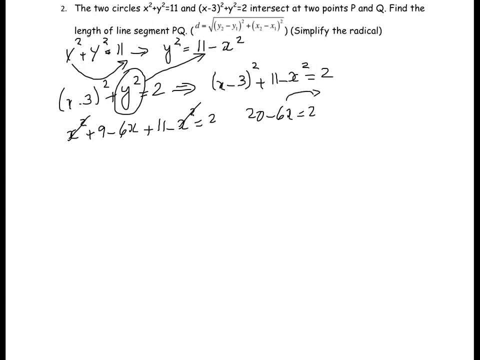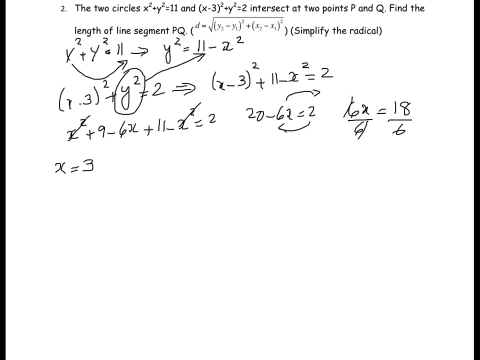I move negative 6x to the right and 2 to the left. I get 6x, since negative 6x when moved to the right becomes 6x, is 20 minus 2, which gives me 18. I divide by 6. I get x is equal to 18 over 6, which is 3.